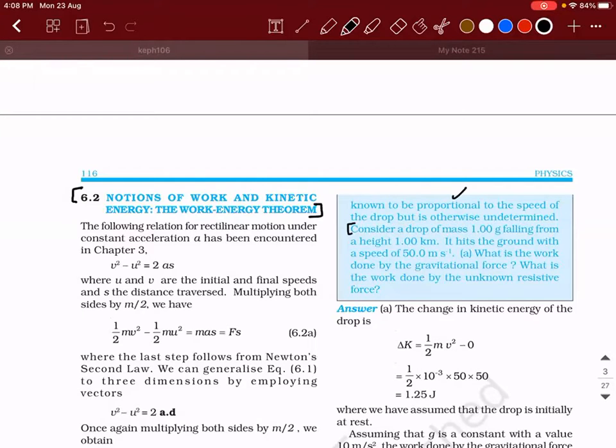See, suppose the question was like this: what is the work done? Does that make any sense? I told this in the first class itself.